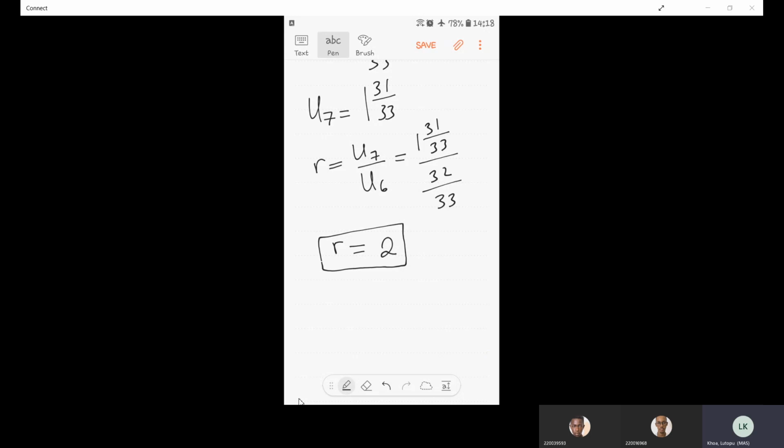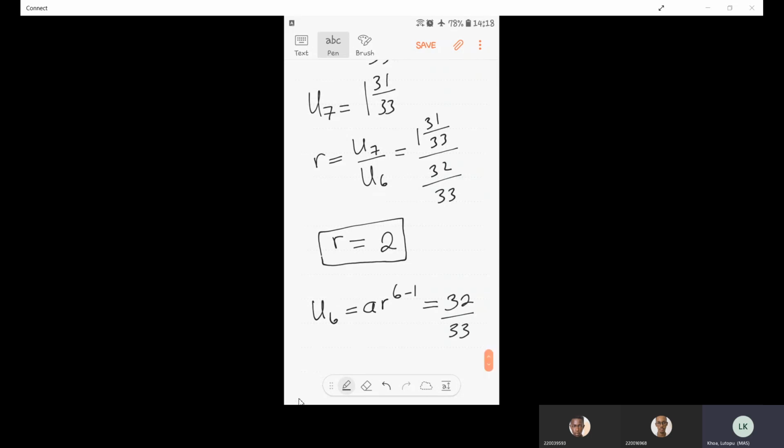Okay, now that we know what R is, we can work out what A is. So we use the sixth term. We know that U6 is A R to the power of 6 minus 1, and this should be equal to 32 over 33.